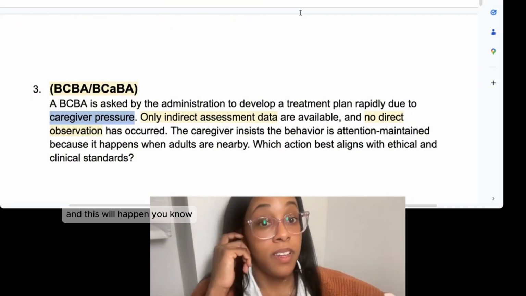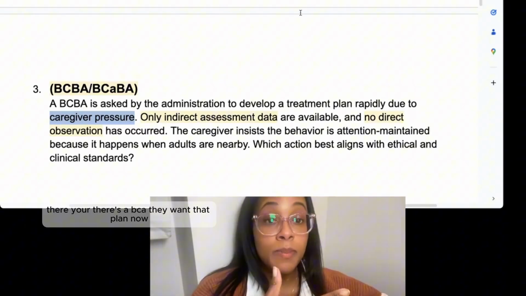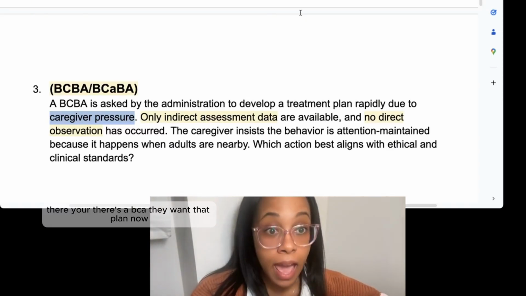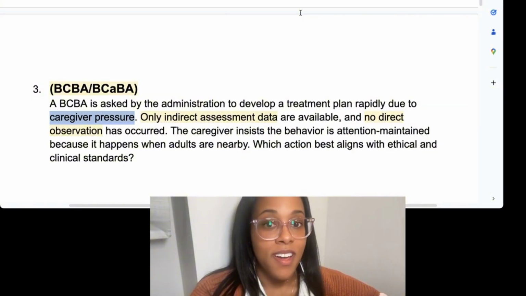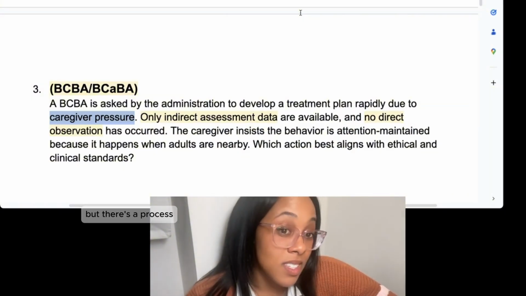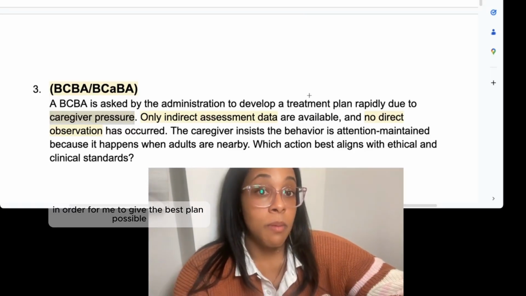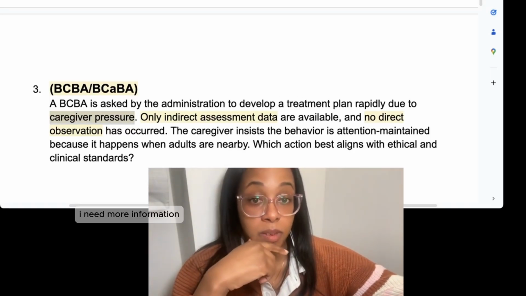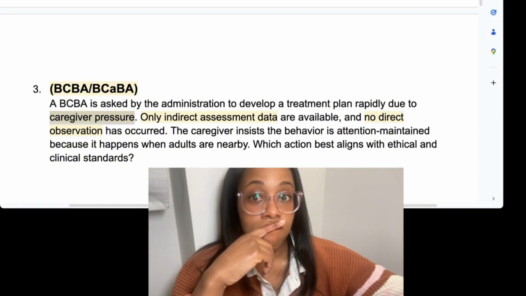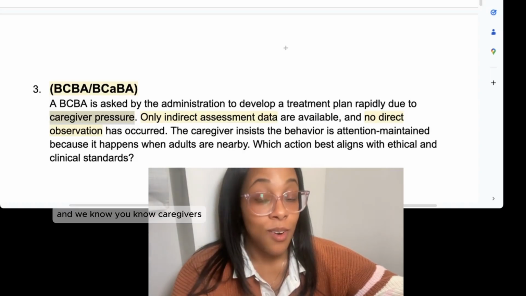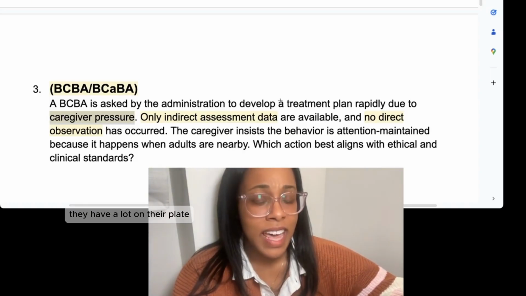And this will happen. There's a BCBA, they want that plan now. But there's a process. In order for me to give the best plan possible, I need more information. And we know caregivers have a lot on their plate.